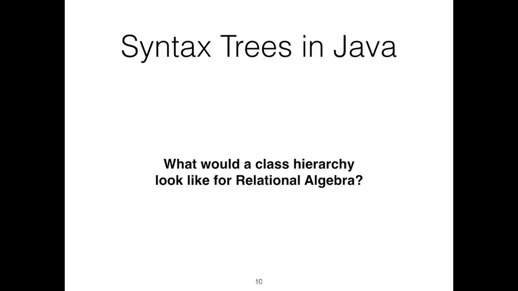Okay, so that suggests that I might want to have some kind of interface that represents a relation. Okay, so what can give me a relation? Or a table? A query. How do I define a query?